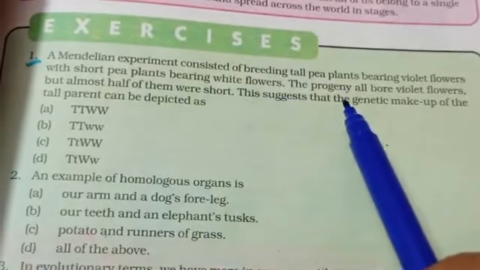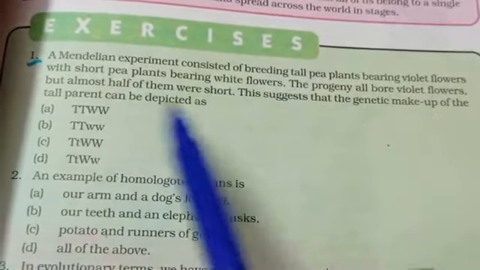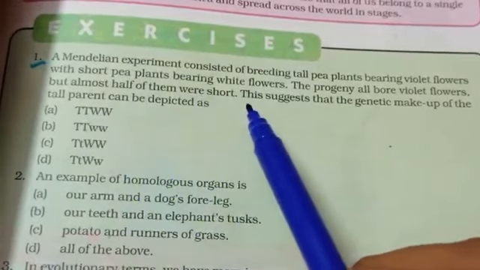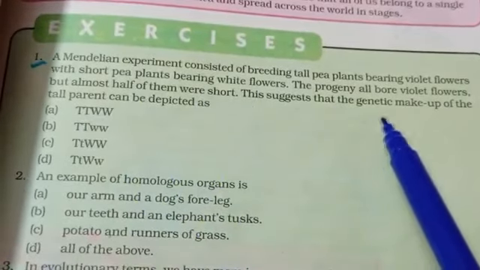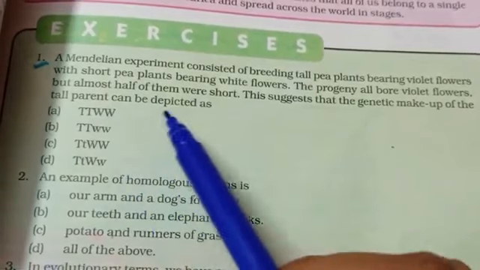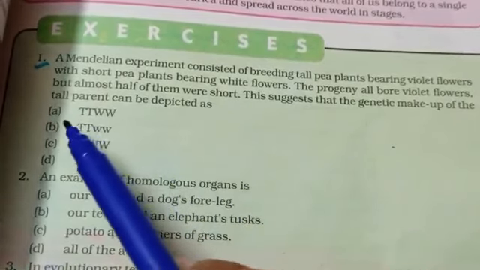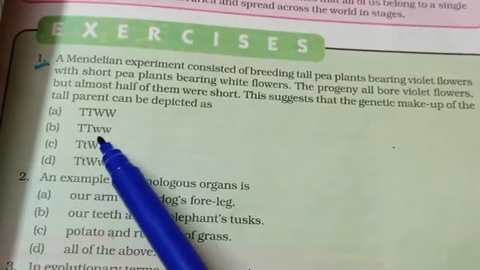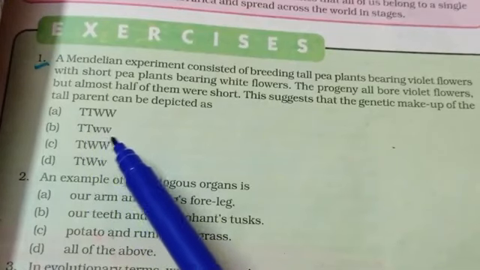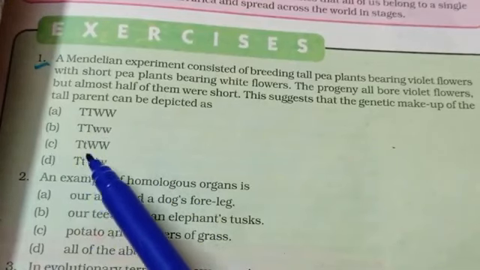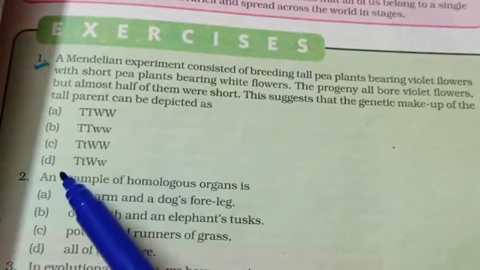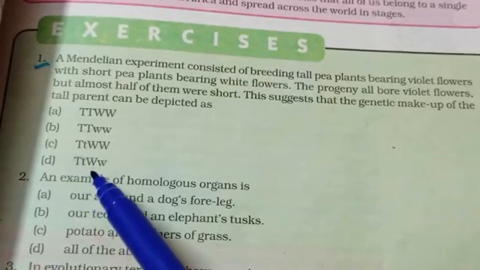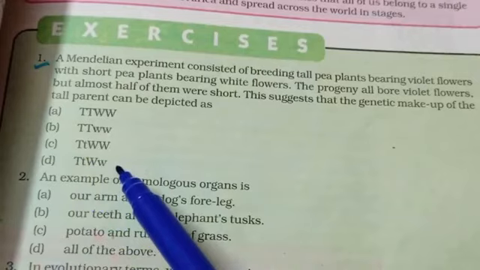The progeny all bore violet flowers, but almost half of them were short. This suggests that the genetic makeup of the tall plant can be depicted as A. TTWW, B. TT small ww, C. capital T small t ww, D. capital T small t capital W small w.